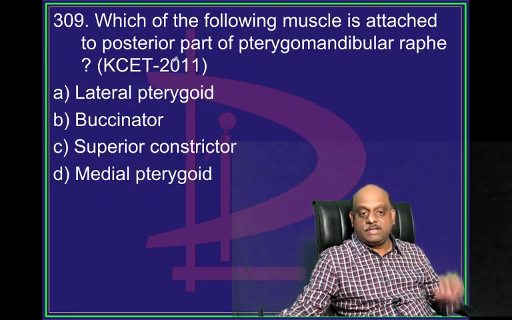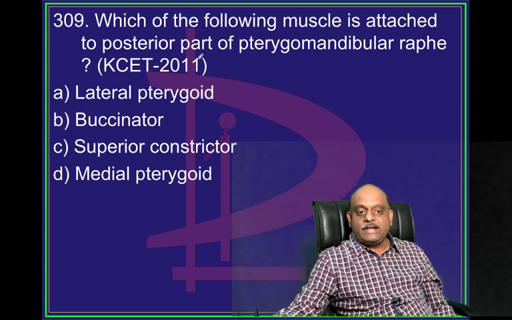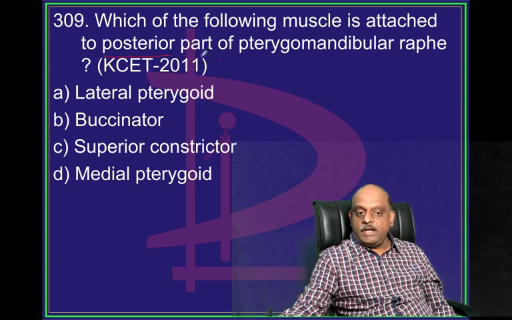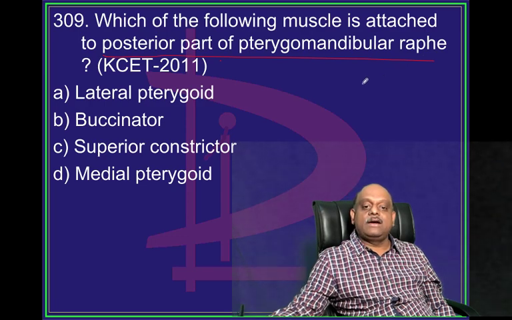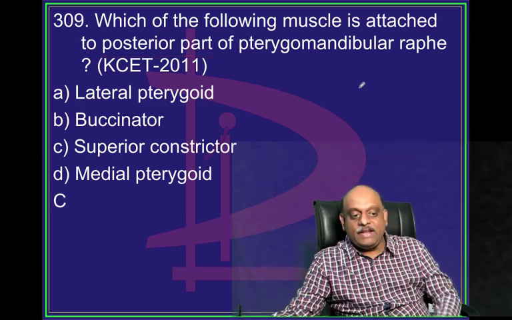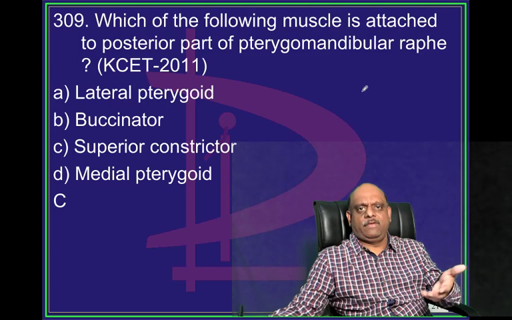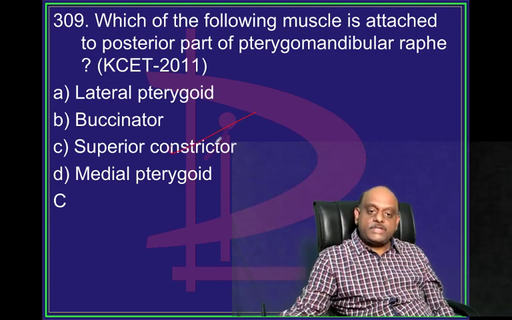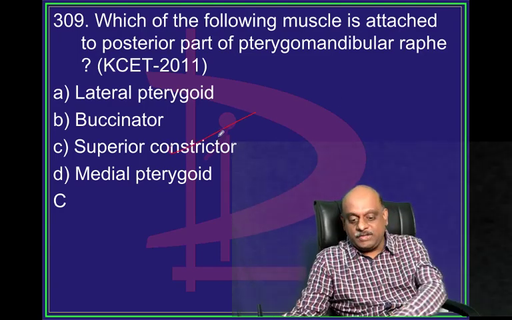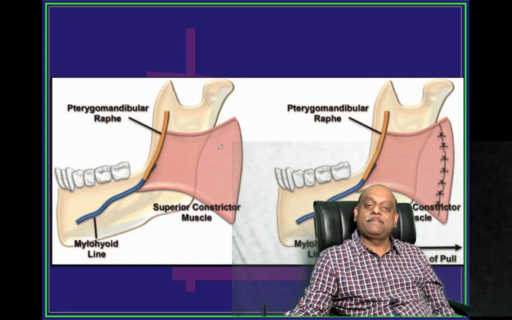Which of the muscle is attached to the posterior part of the pterygomandibular raphe is a very important question. Just before we have seen, superior constrictor is the one which is attached to the pterygomandibular raphe.